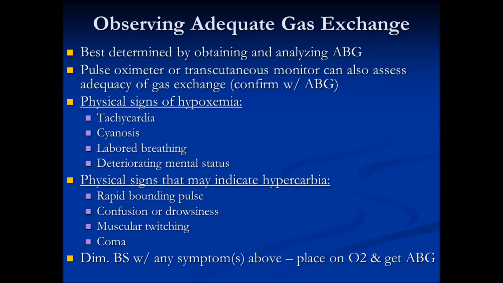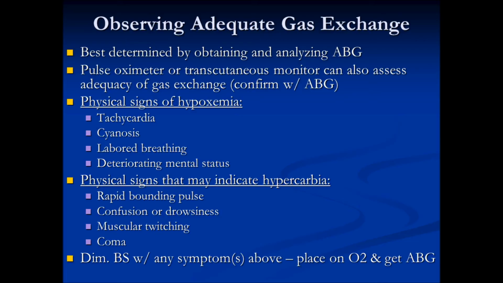And as you should know, one of the telltale signs of poor gas exchange is hypoxemia. So look for the physical signs of hypoxemia, which include tachycardia, cyanosis, labored breathing, and deteriorating mental status. Those are all signs that your oxygen level in your blood is low.